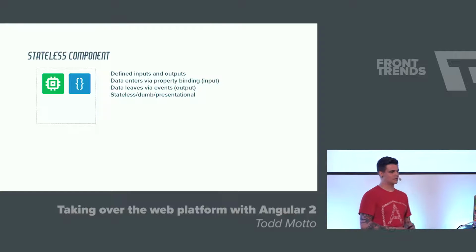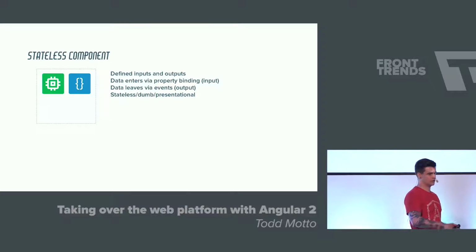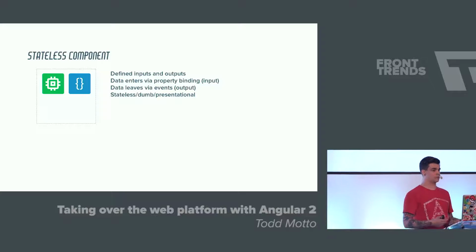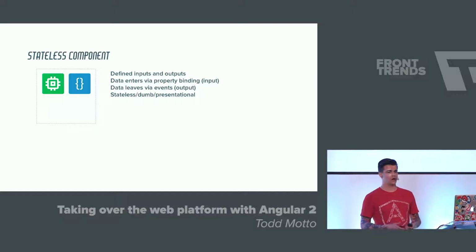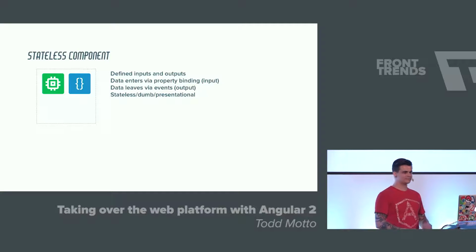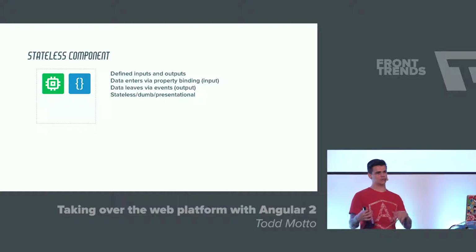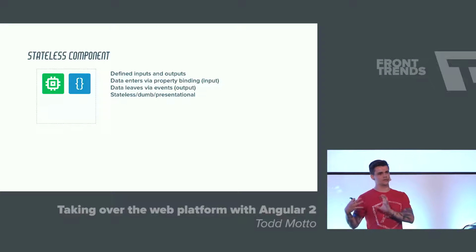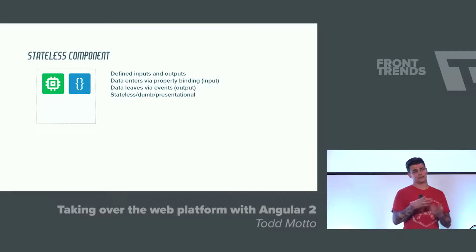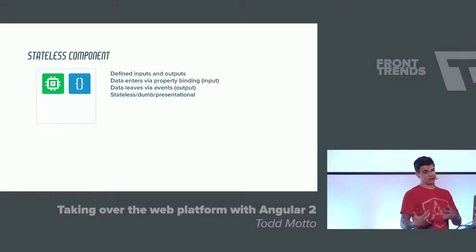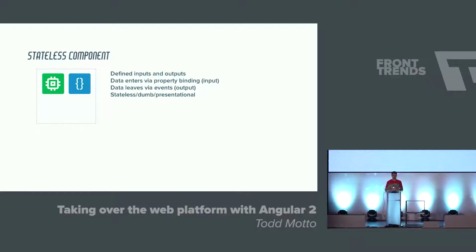With a stateless component, you might have heard it called a DOM component, presentational component, or a stateless component. What do these do? They have defined inputs and outputs, so you can have a component, pass some data into it, it can do something with that data, and then pass it back up. So it takes the data via an input, does something with the data, and passes it back up via an output.